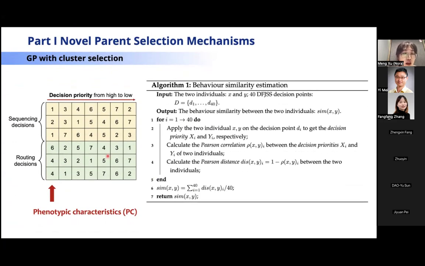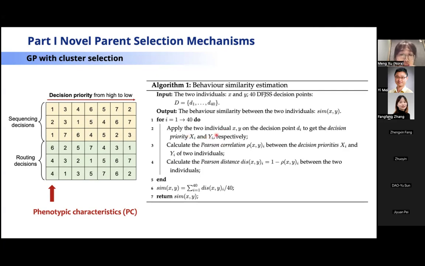So here, for cluster selection, the key is how to divide the individuals into different groups, and we need to find a way to measure the similarity between individuals. So the proposed similarity estimation method is as this algorithm 1.